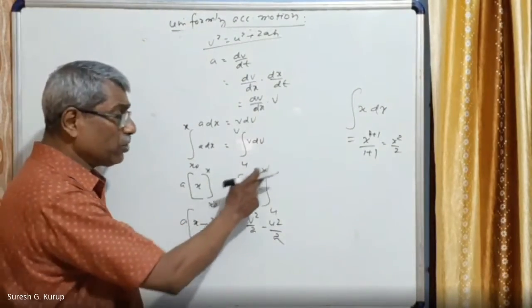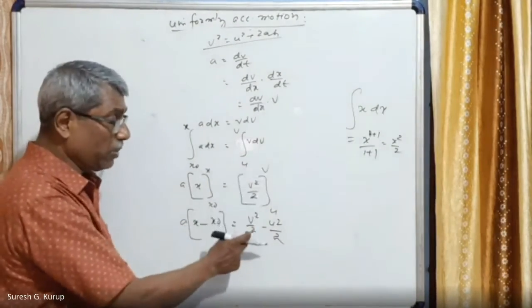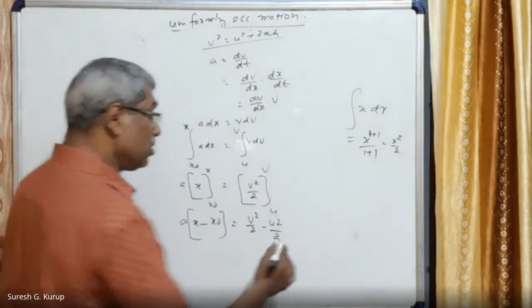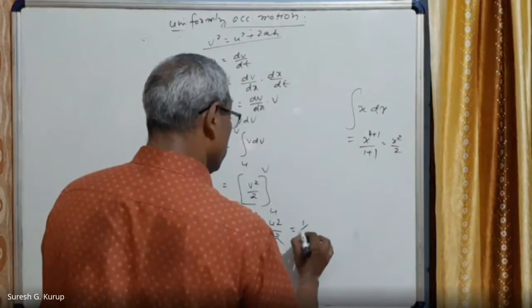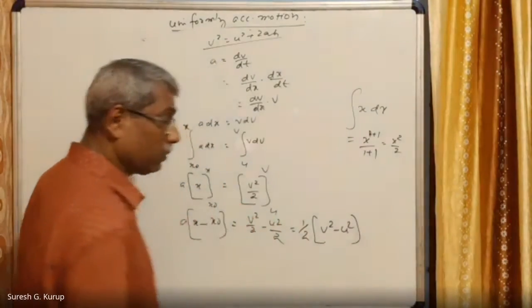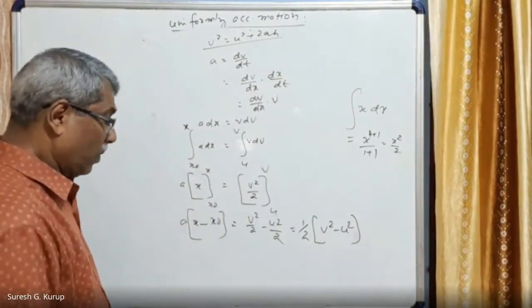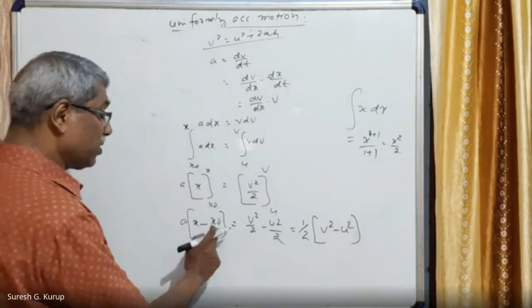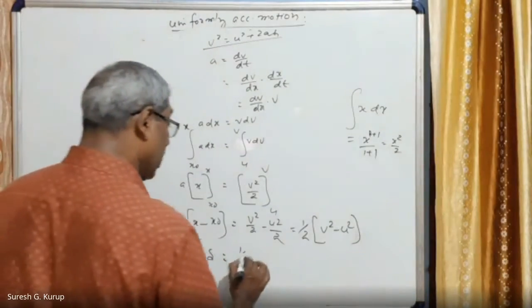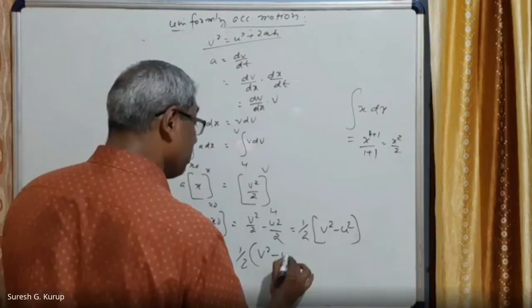In place of v, first you put the upper limit, that means v square by 2, and again in place of v you put u, that is u square by 2. This is equal to half into v square minus u square. But x minus x0 is equal to s only. Therefore, a s is equal to half into v square minus u square.